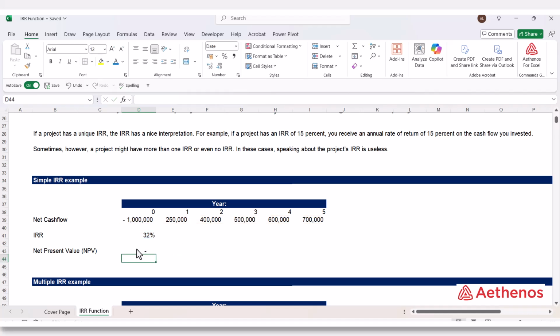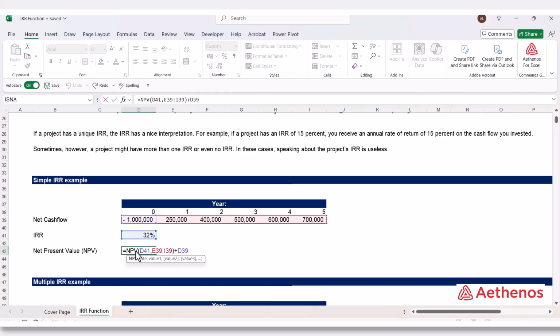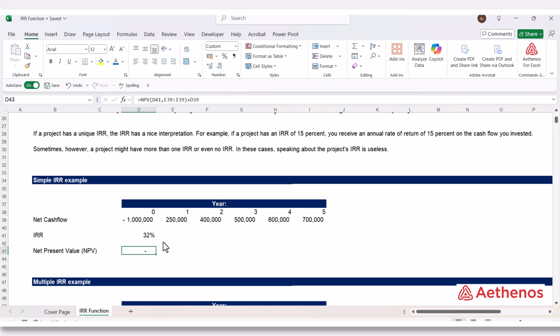Then we get a 0. So this IRR is correct. IRR here is the discount rate that makes NPV 0.